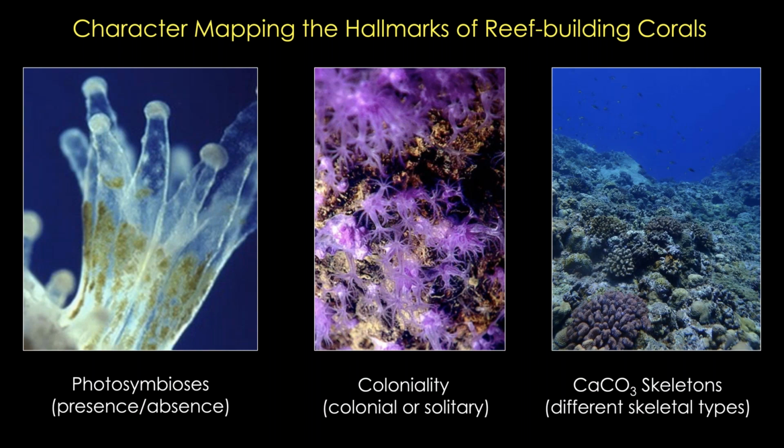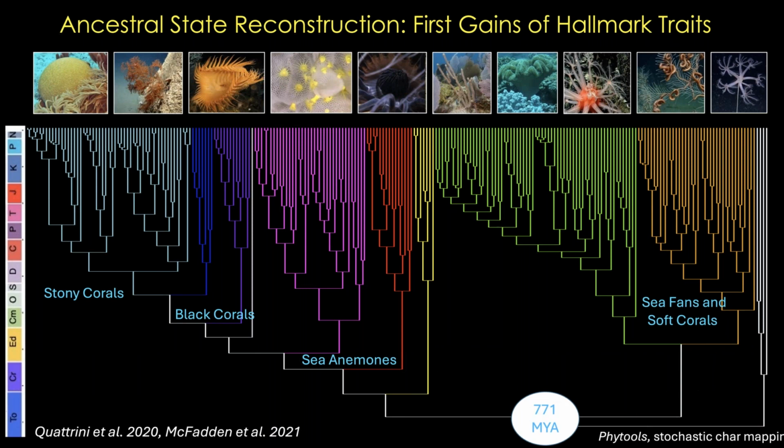And today I'm really just focusing on calcium carbonate skeletons. There are 2 different polymorphs of calcium carbonate that are found across the Anthozoa, aragonite and calcite, and I'll talk about those a little bit in a couple slides.